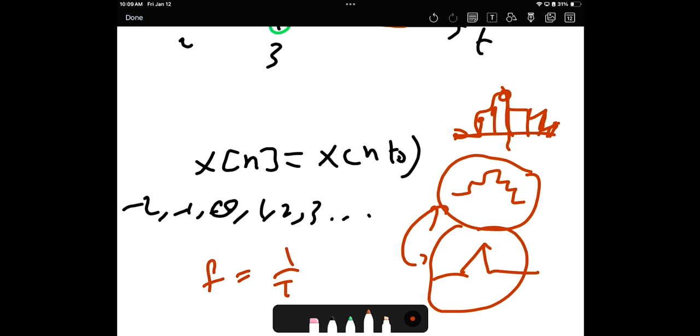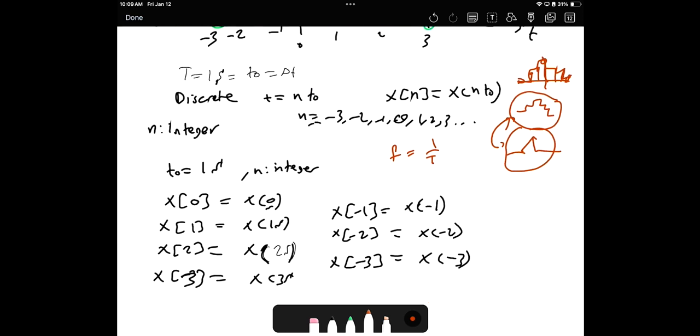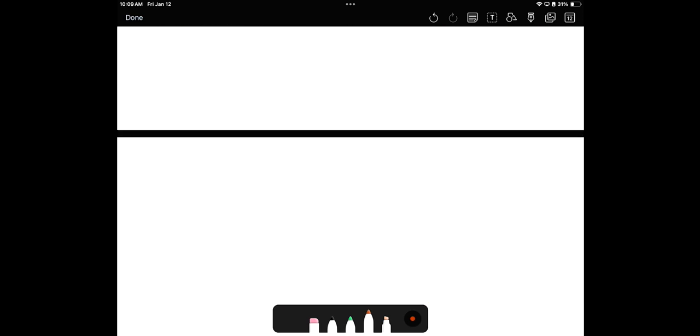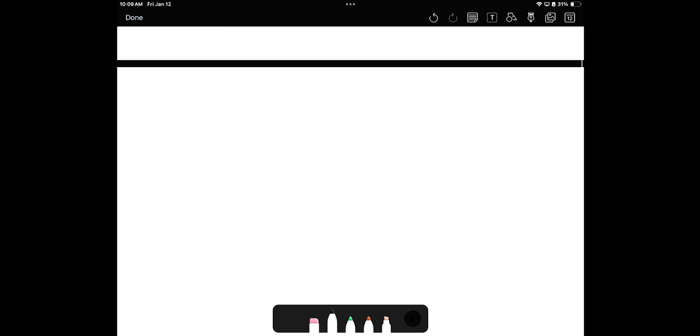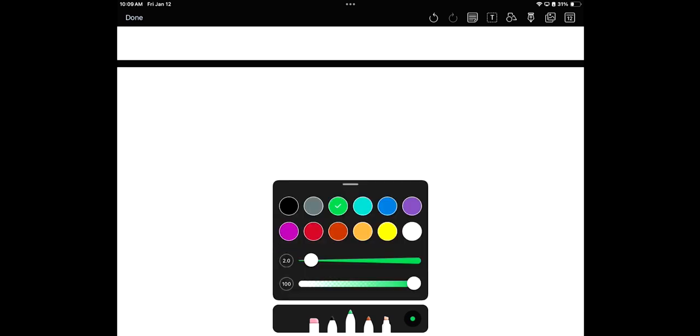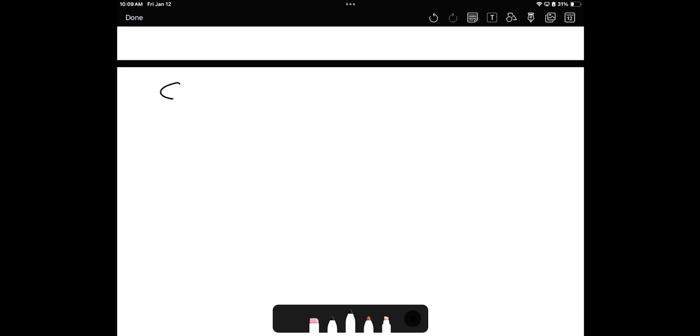Okay, perfect. Now, let's discuss a little bit about the system properties. One of the system properties is called the causal system. A causal system means inputs cause outputs.